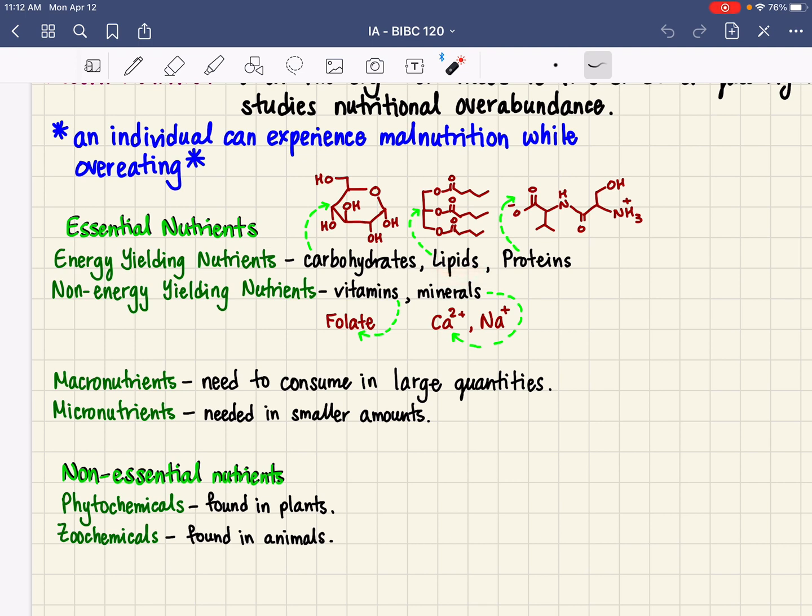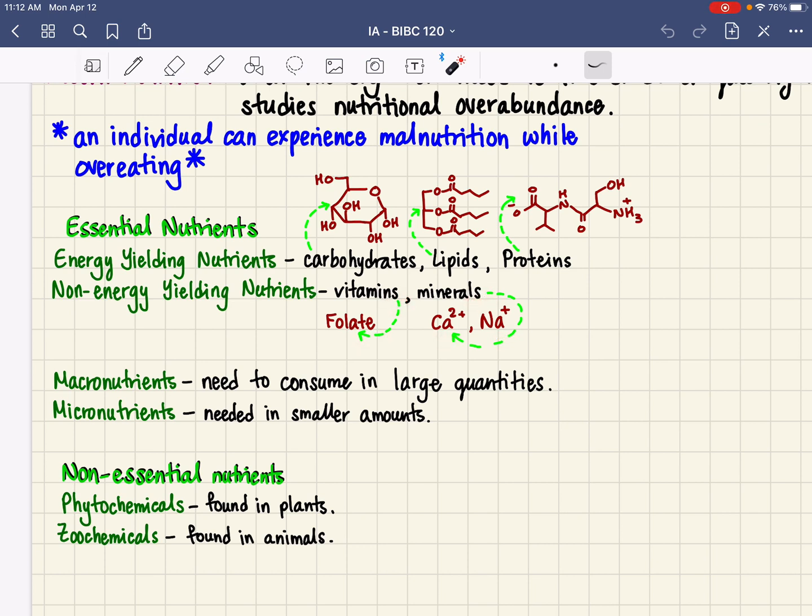Lipids, such as triacylglycerides, right here. And proteins. Here is a dipeptide for you, if you've taken biochemistry before. All of these three nutrients or macromolecules are energy yielding, meaning that we are able to burn them and get ATP from them and be alive. The non-energy-yielding nutrients are vitamins such as folate and minerals such as calcium and sodium and potassium and so many more.